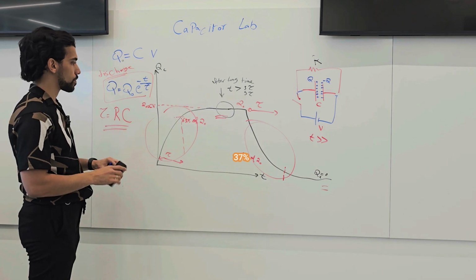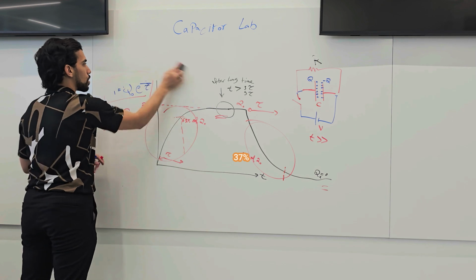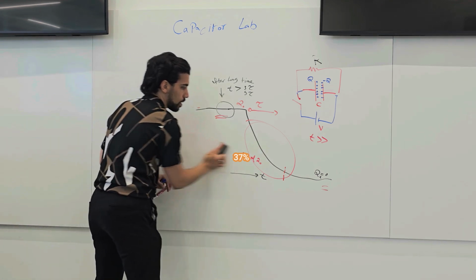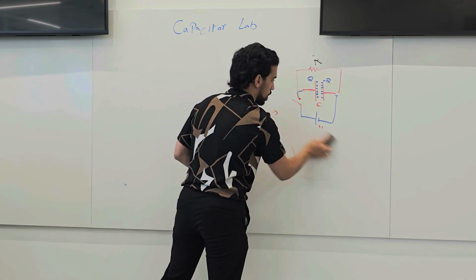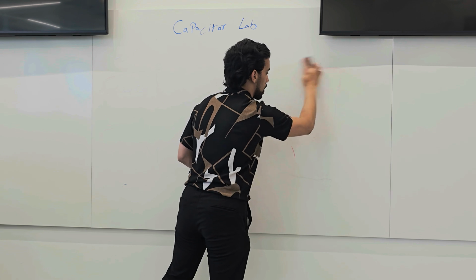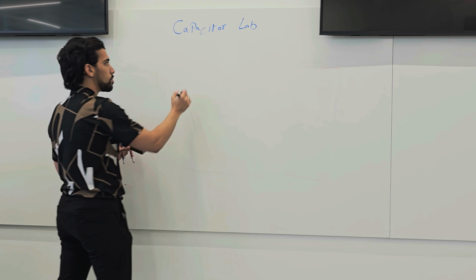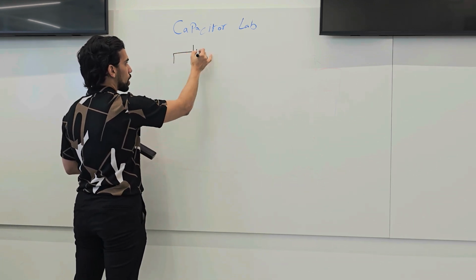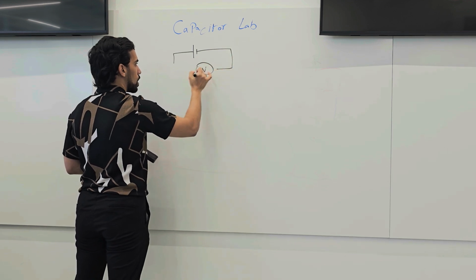Then let's talk about our circuit quickly for the lab itself. For our lab, we have a power supply, and we're connecting this power supply to a voltmeter.